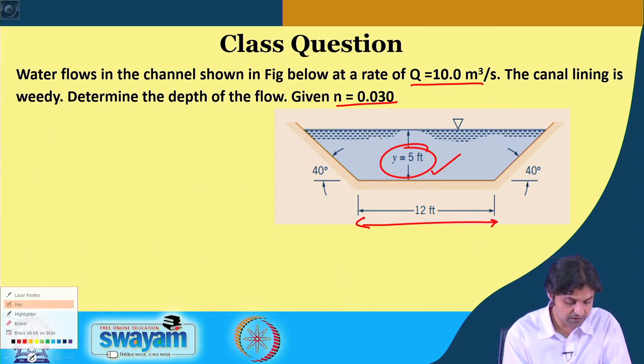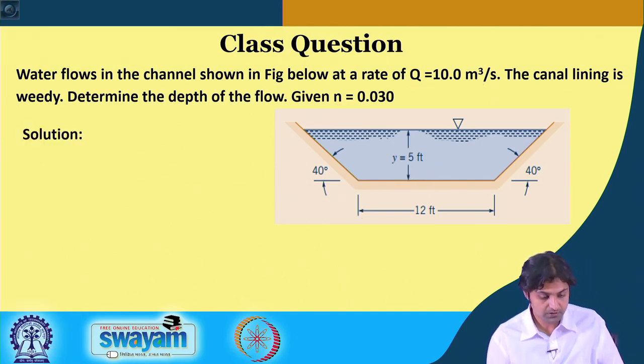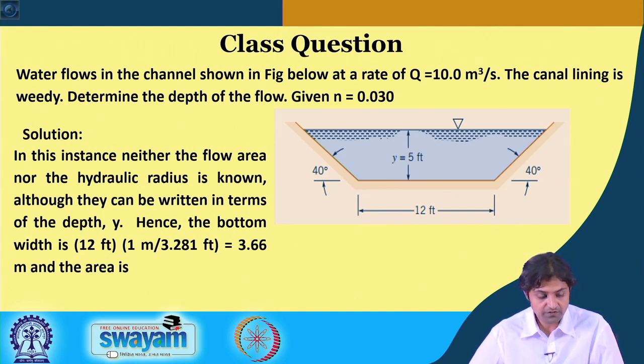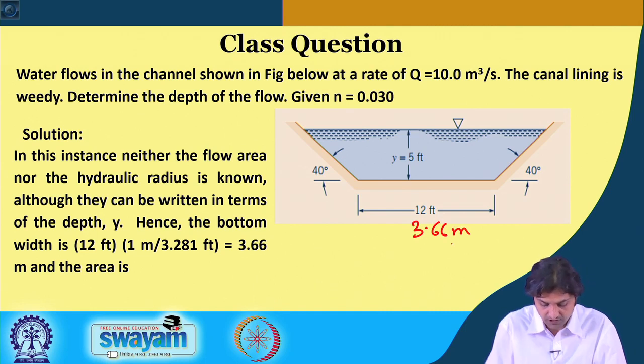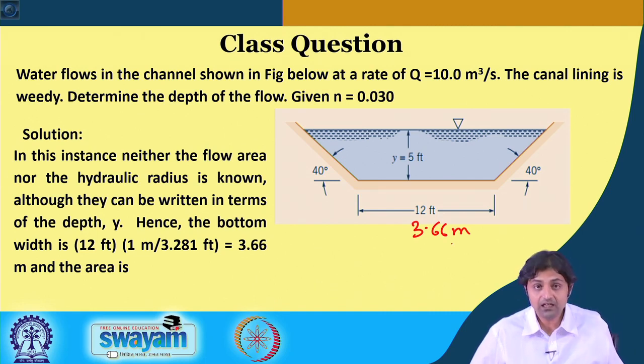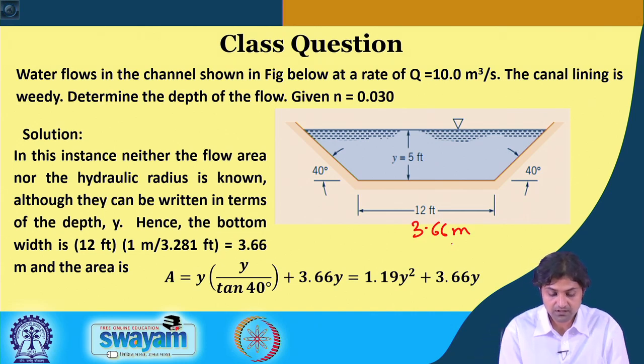So, how to attack this problem? Very simple to do. In this instance neither the flow area nor the hydraulic radius is known, although they can be written in terms of depth y. Hence, in terms of meters, the bottom width is 3.66 meters, and the area can be written as 3.66 y plus half base into height plus half base into height.